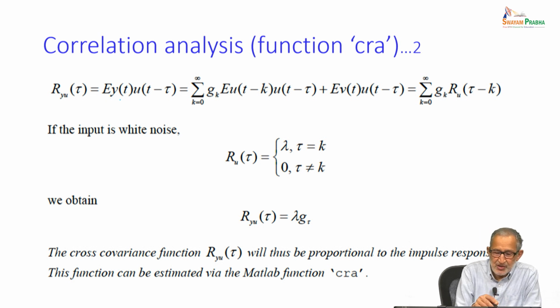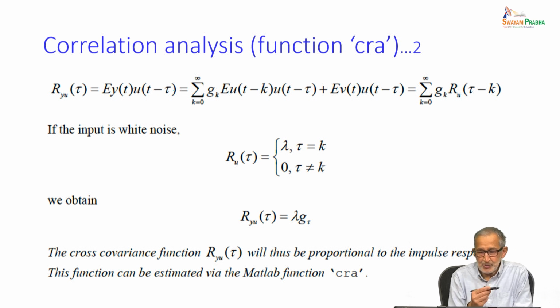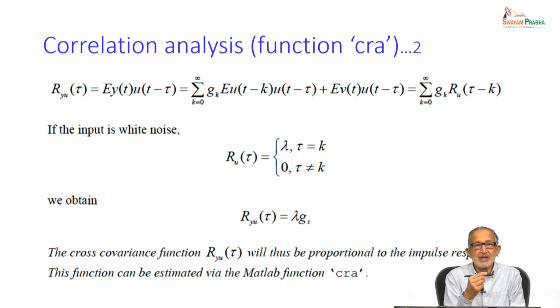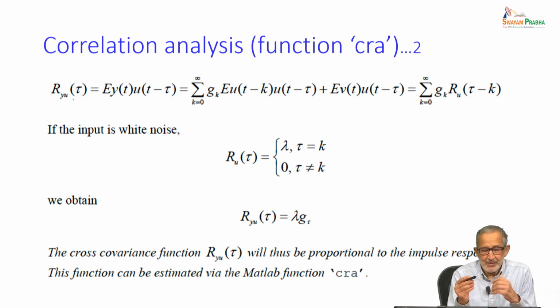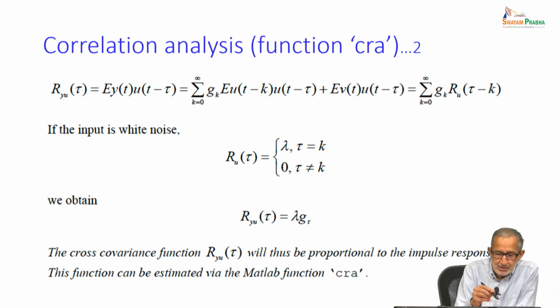So the expectation of y(t) times u(t minus tau), the expectation operator is essentially an infinite order sum operator. So the covariance of y and u with a time lag of tau is denoted by this term here.